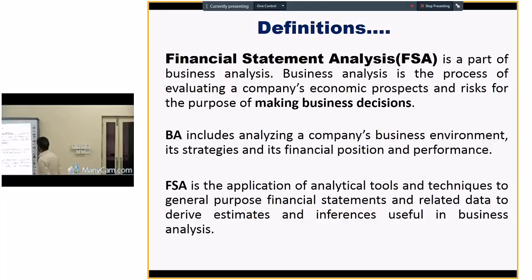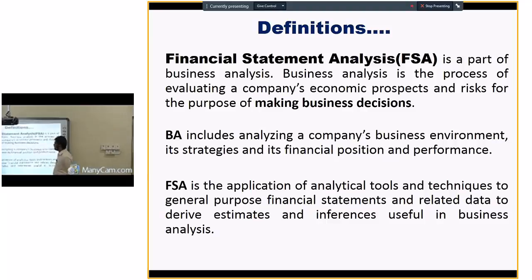Here, business analysis mainly focuses on economic prospects and the risk for the purpose of making business decisions. Business analysis includes analyzing the company's business environment and its strategy and its financial position and performance. Under business analysis, this part is linked with financial statement analysis.